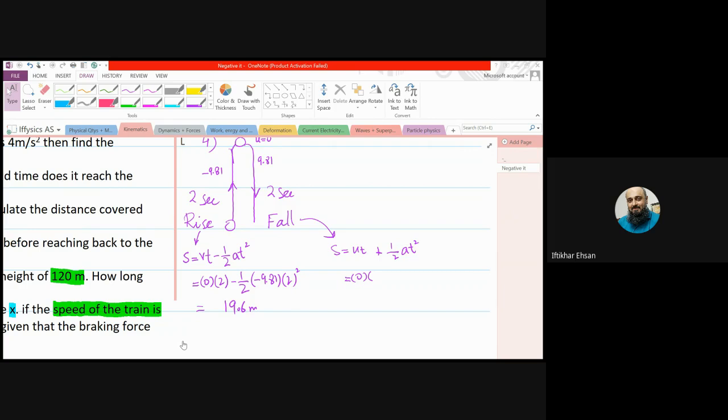Ji beta ji. So we can use the falling movement as well. Then the time is again, you see, will be the 2.